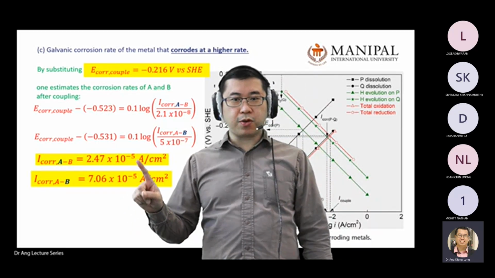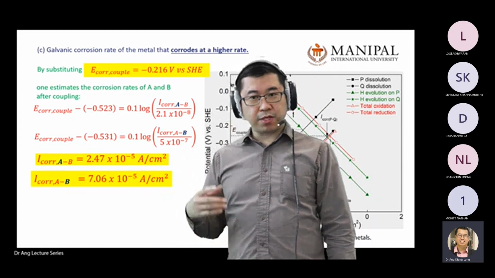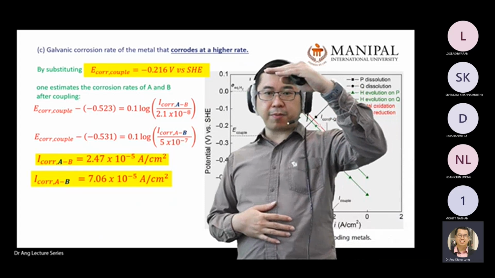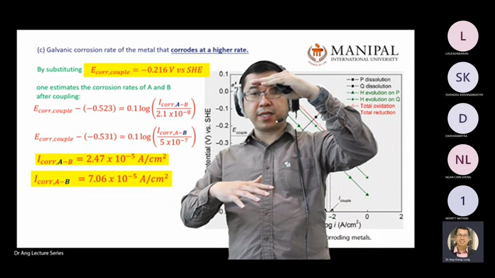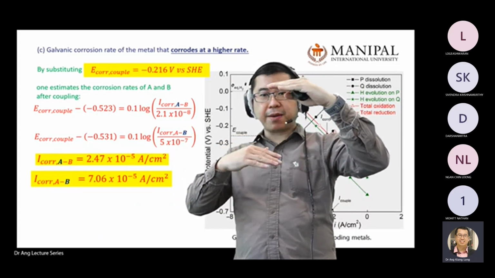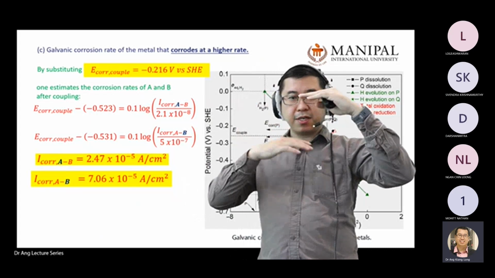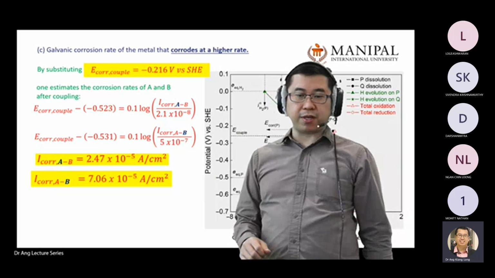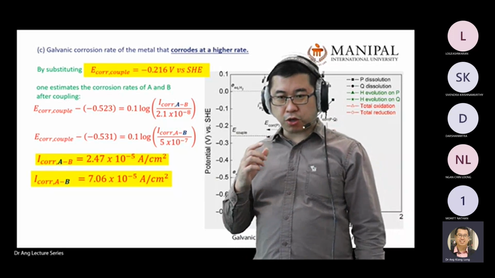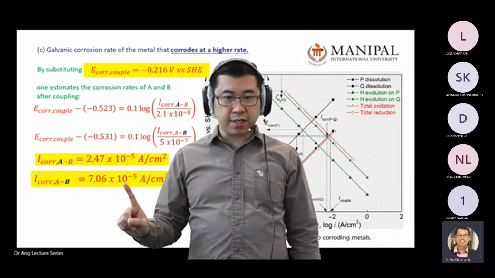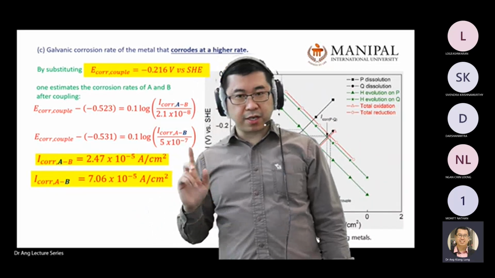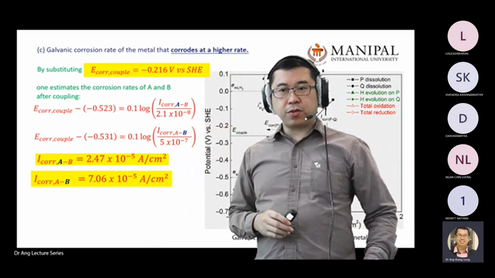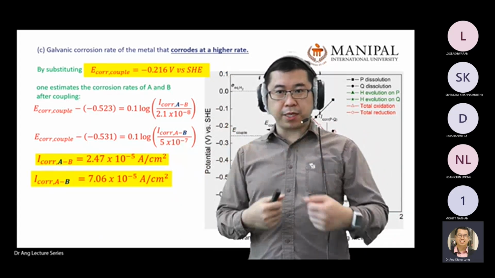So B will corrode faster than A, which agrees with our assumption. Because A is high nobility, B is low nobility. If both corrode at the same time because of the galvanic process, B will corrode faster because B is at the lower level of nobility. That's why here, the calculation agrees with the assumption or agrees with the standard potential nobility chart.